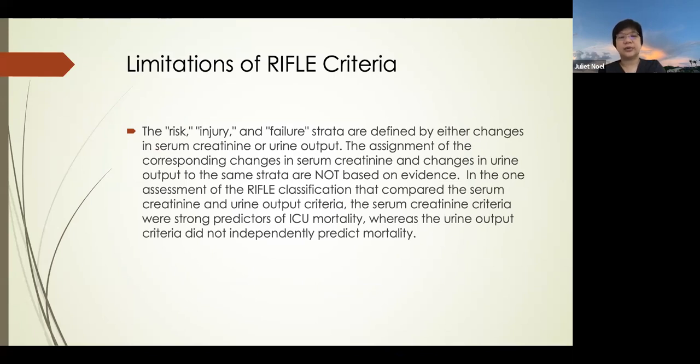In one assessment of RIFLE classification that compared the serum creatinine and urine output criteria, the serum creatinine criteria were strong predictors of ICU mortality, whereas urine output criteria did not independently predict mortality. So when there's a discrepancy, we always tend to use the higher stage based on the serum creatinine.